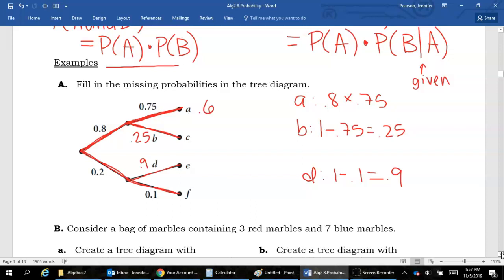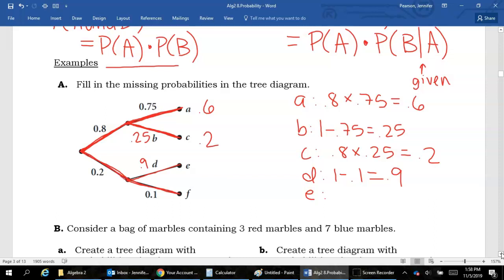So to get to letter C, we would take this 0.8 times this 0.25. 80% times 25%. Oh, I didn't put that over here. 0.6. That would be 0.2, or 20%. And to get to letter E, we'll follow the path, multiply everything along the way.